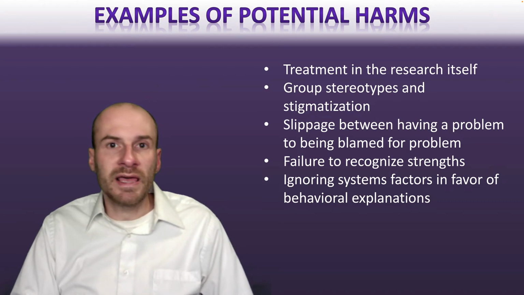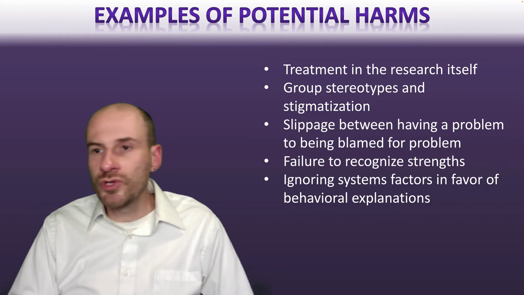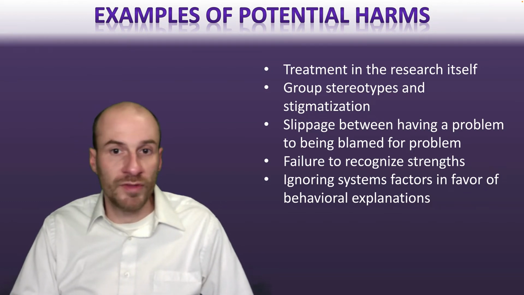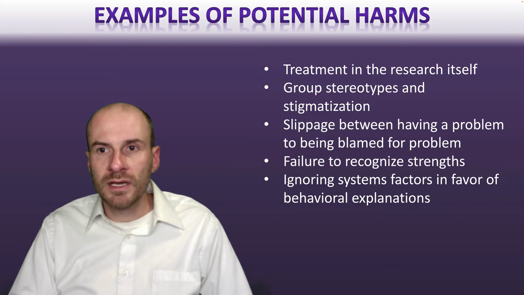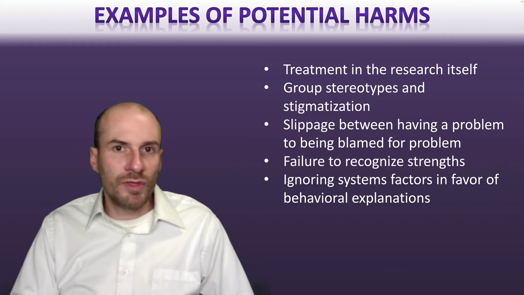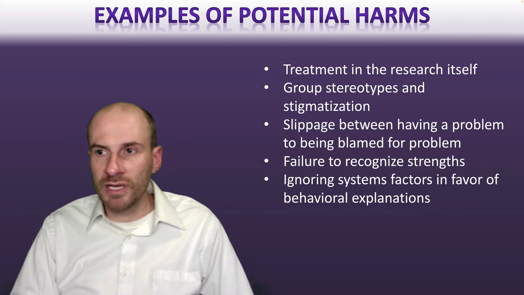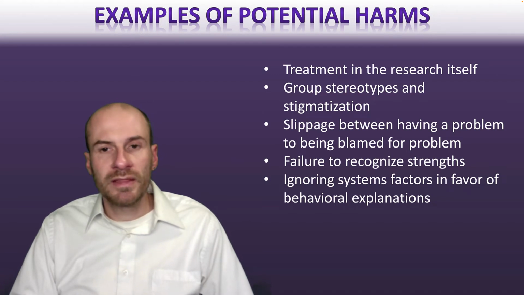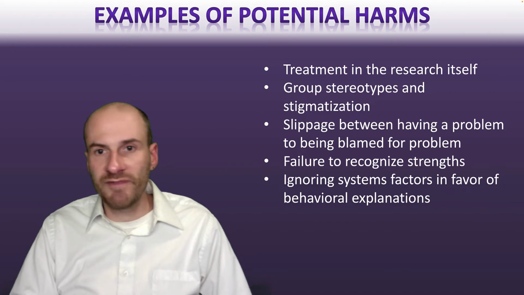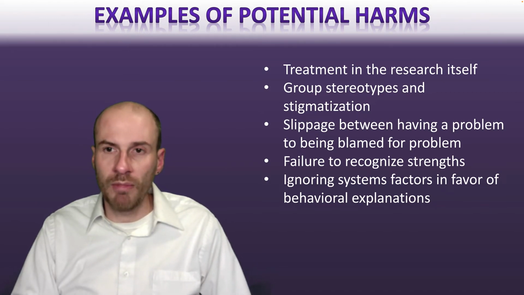So we can say, hey, in this group, they're eating this way, or they're doing this certain practice or whatever that might increase their risk for disease, and ignore the fact that there are a range of different economic, housing, other types of factors, healthcare access issues that might be causing this problem. And we focus on changing the individual, changing the behavior, when really the thing that needs to change is a systems level problem.